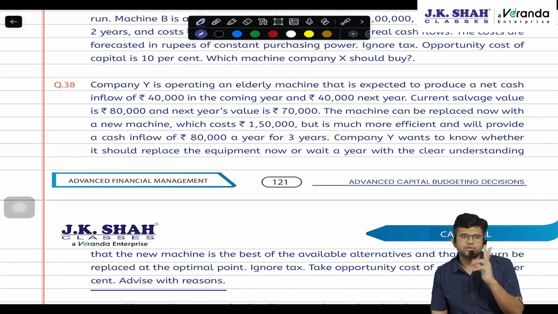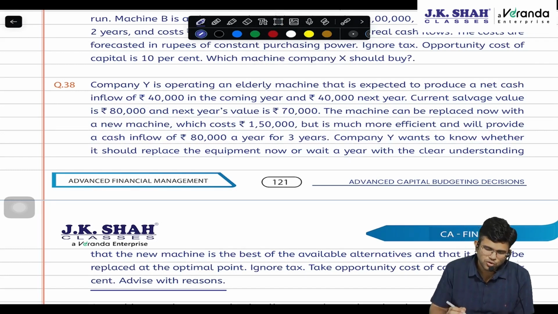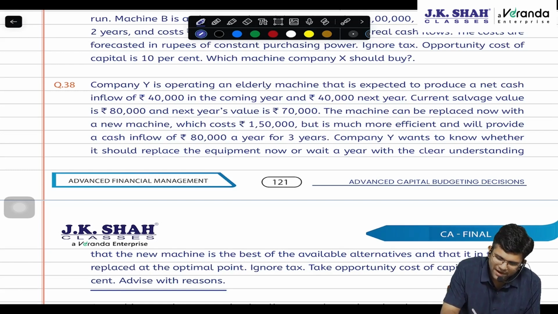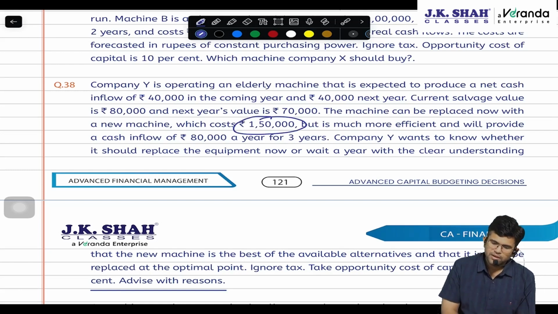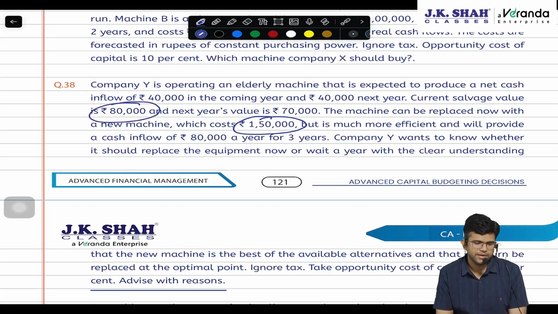Year 0 में क्या दो चीज होगा? Scrap the old machine, buy the new machine. Come on everybody, fast please. So do you realize that today when you buy the new machine, you will have to pay 1,50,000, and the old machine when you scrap, you will get 80. Everybody paying attention.